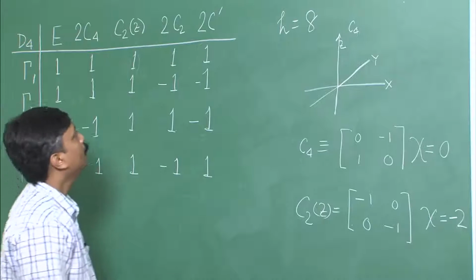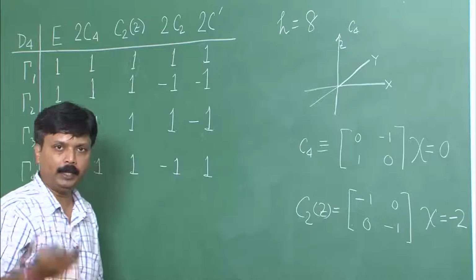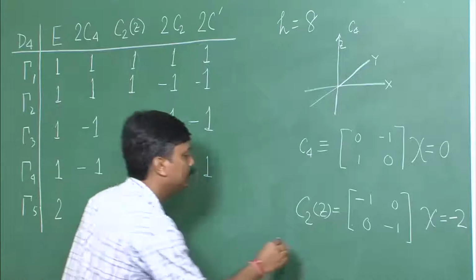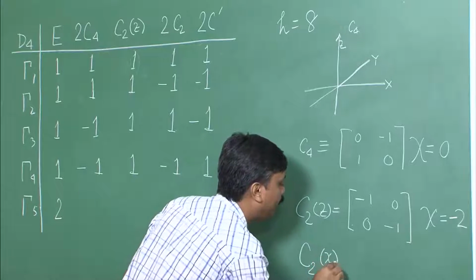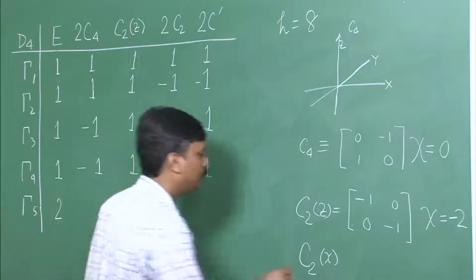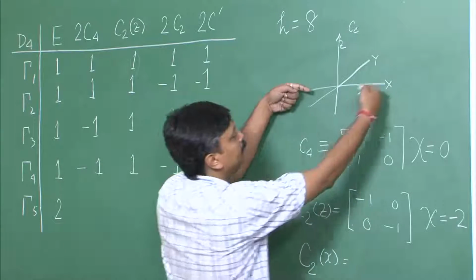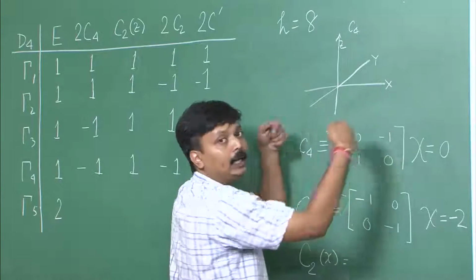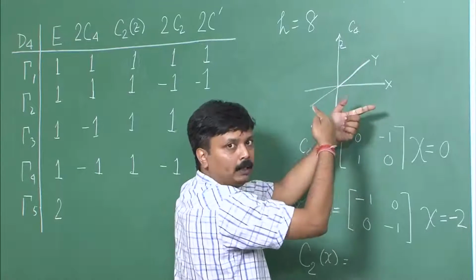Next, we have C2, that is C2x or C2y. So, let us take this as C2x. If I find C2x, our character for C2y will also be the same because they belong to the same class. So, what does C2x do? C2x is along the x axis, right? So, it will do nothing to the x axis, but it will transform y to minus y, correct?